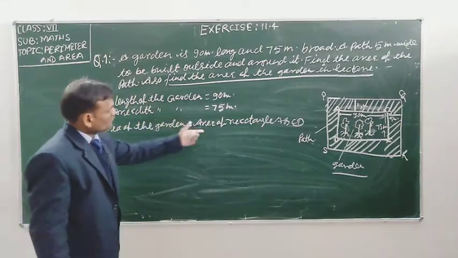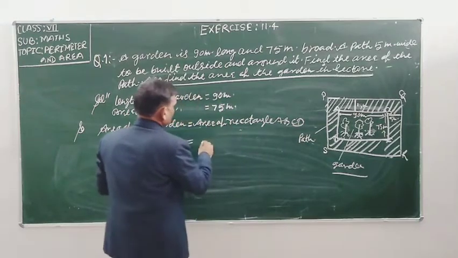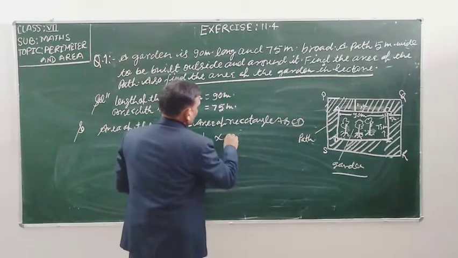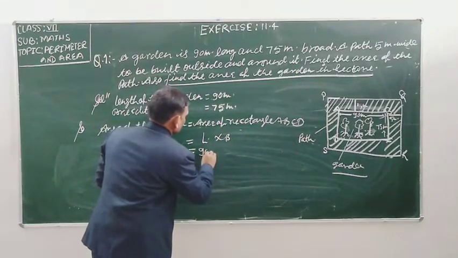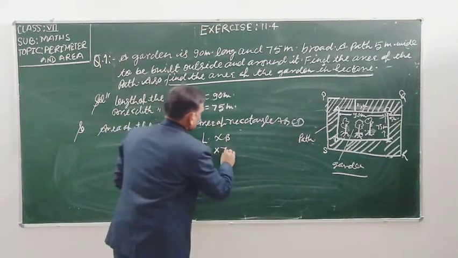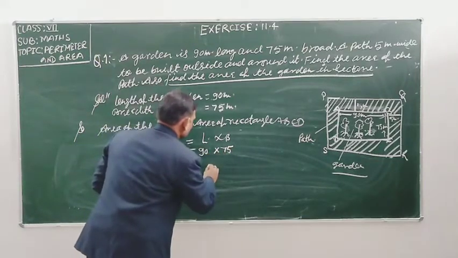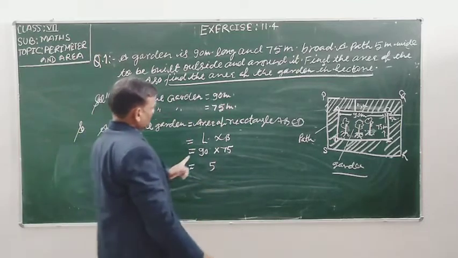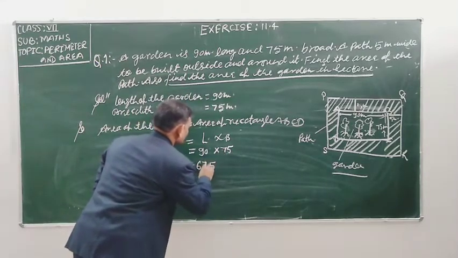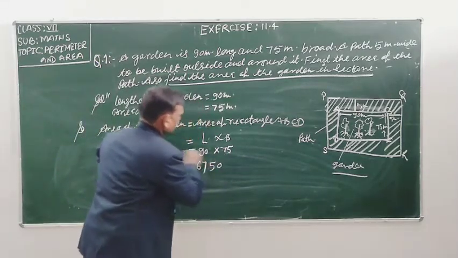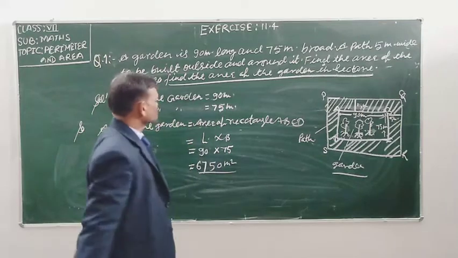Area of the rectangle ABCD is length into breadth. Length of the garden is given, 90 meter, into 75. So multiply it. 5 times 0 is 0, 5 times 9 is 45, 4 is carry, 7 times 9 is 63, 63 and 4 is 67, and 0 you will add. This is the meter square.